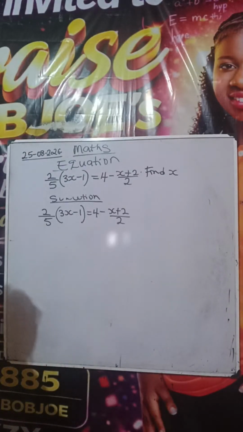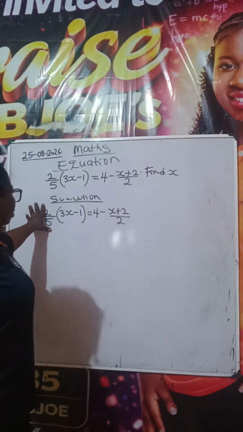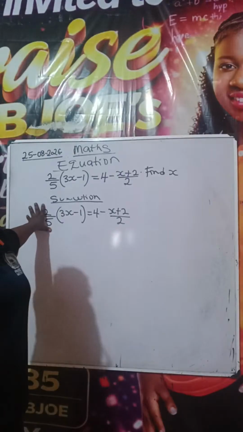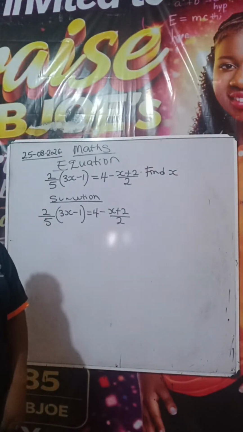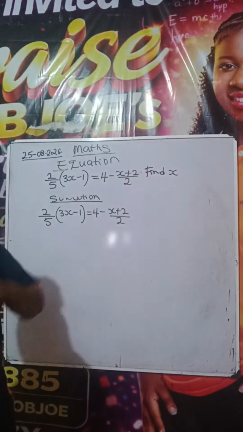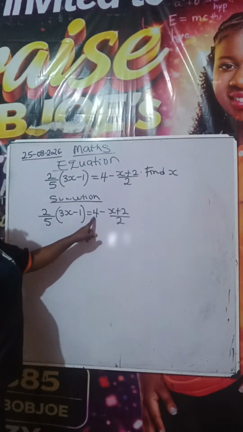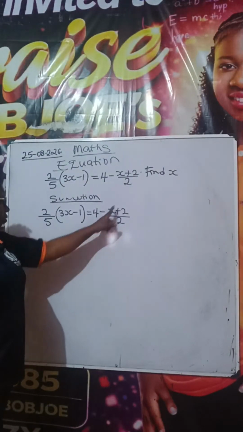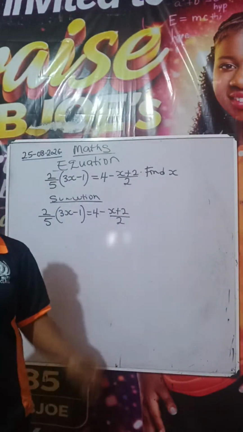Which of the first one? Is it this one? Should I bracket this? Even without putting bracket, we are still going to solve this, because this 2/5 is multiplying this, then we have 4 minus is multiplying this one also. Okay, so now let's continue.